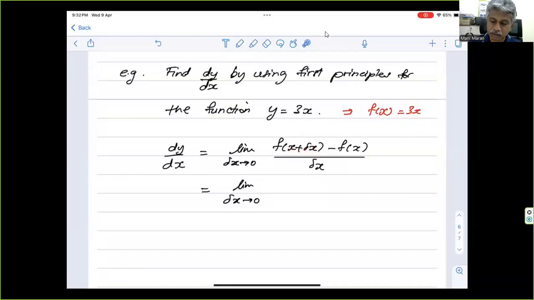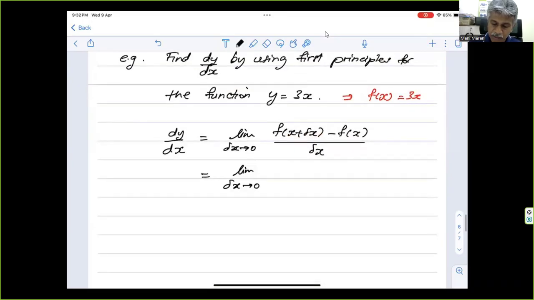So imagine that the place of x is taken by x plus delta x. Substitute everything there. So you'll get 3 times x plus delta x, minus f of x, which is 3x. It will remain like this. And then we divide everything by delta x.